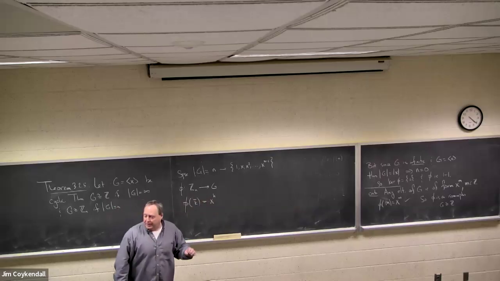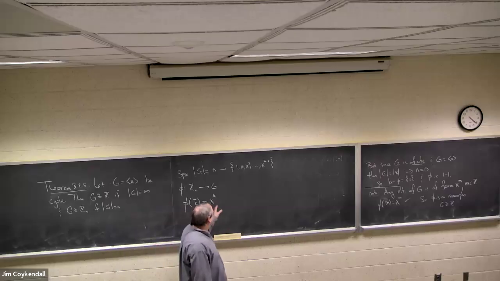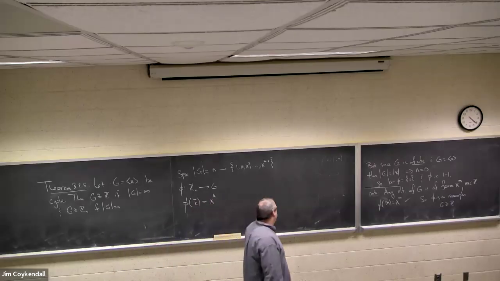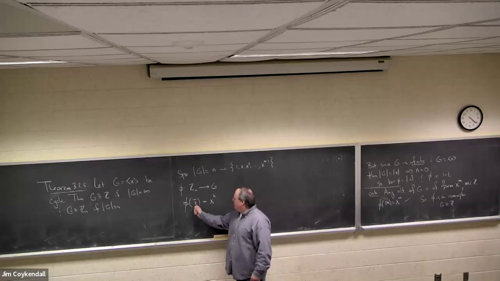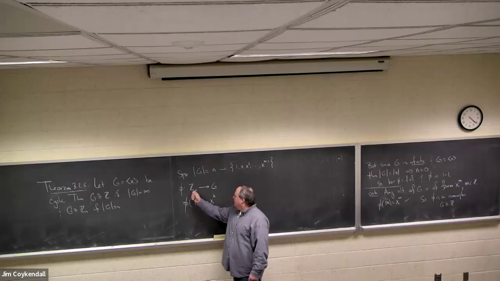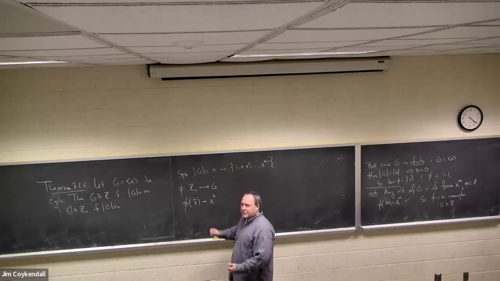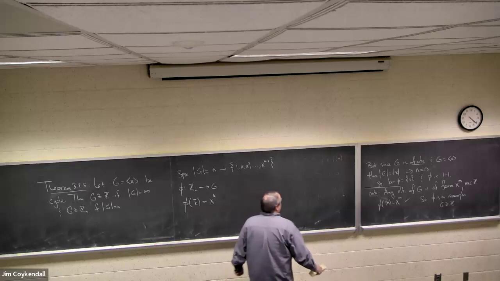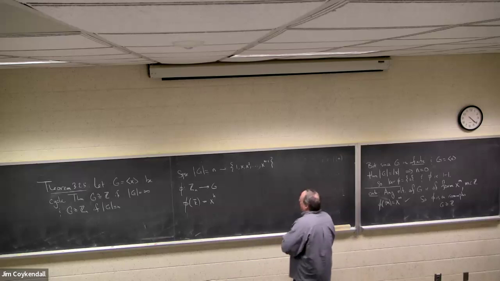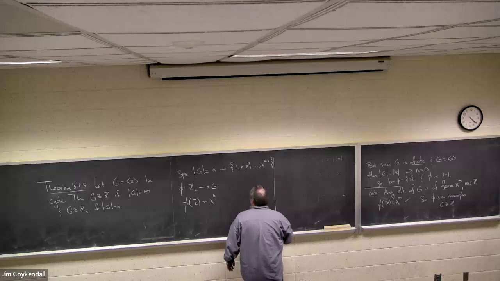Now, be careful, folks, because the first thing I have to worry about here is whether this is a well-defined operation, right? Because there's many ways to write this particular representative. So, for example, if you're in Z mod 2, you could write this as 1 bar or 3 bar or 5 bar. They're all the same. And I have to make sure that I get the same answer no matter what I do. So how do I go about this?